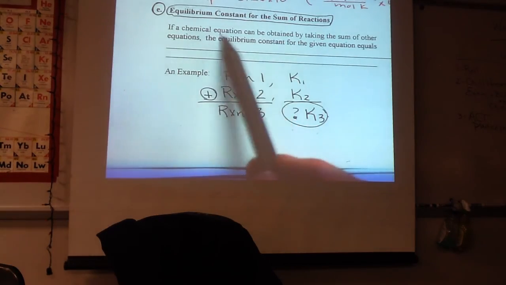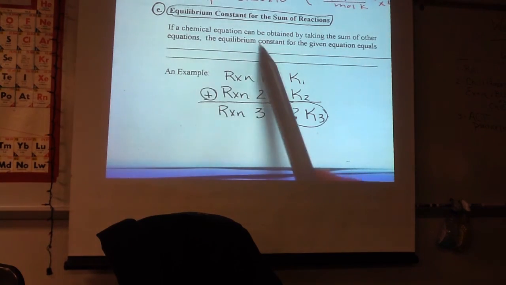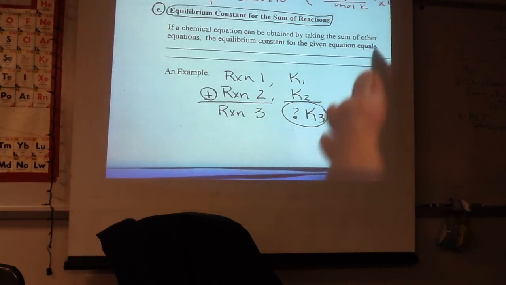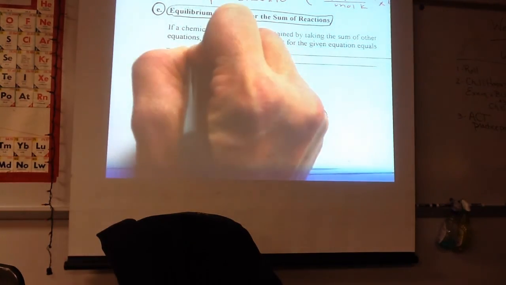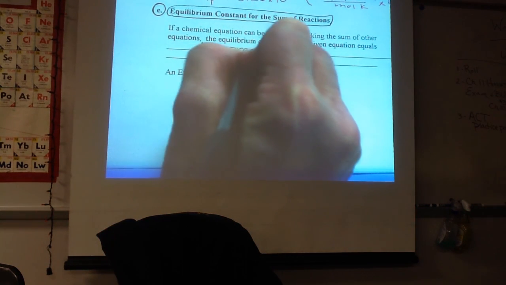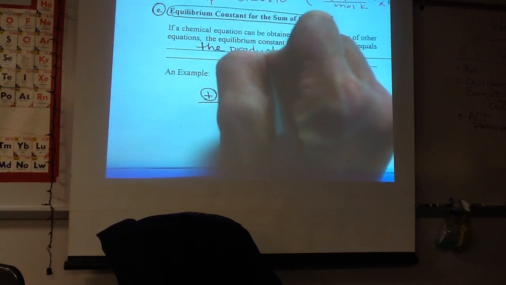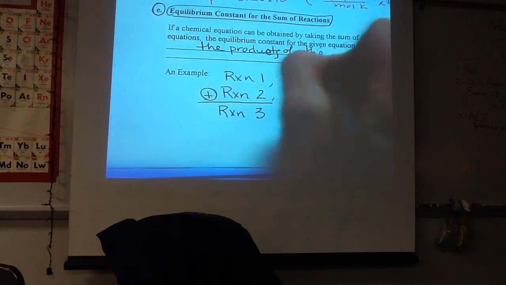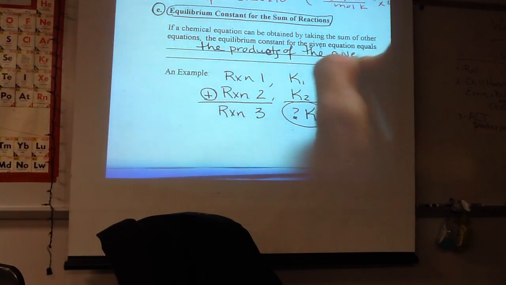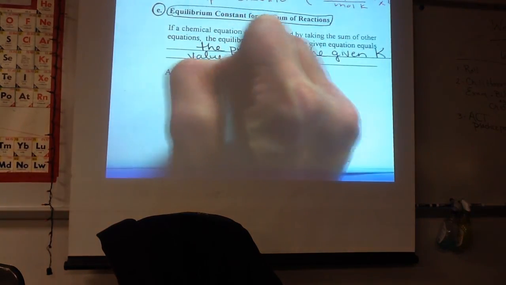So in here I write, if a chemical equation can be obtained by taking the sum of other equations, the equilibrium constant for the given equation equals the product of the given K values.